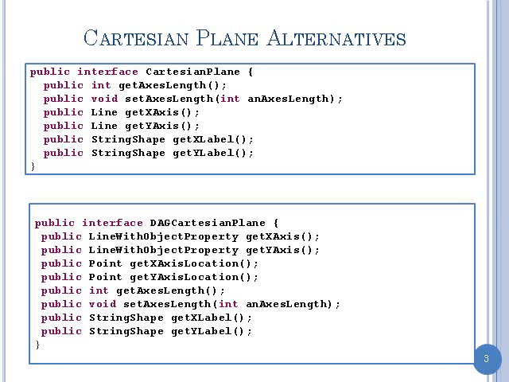Let's go and look at the Cartesian plane we had, and a different kind of Cartesian plane. This Cartesian plane had x-axis, y-axis, x-label, y-label, and these two properties.